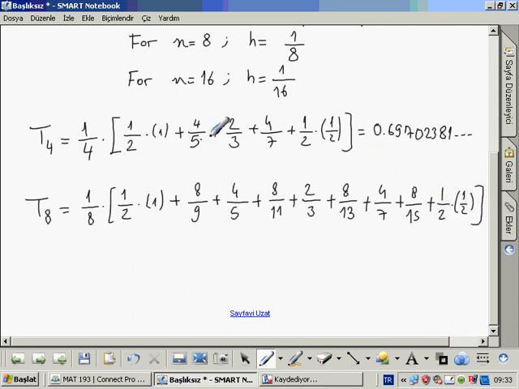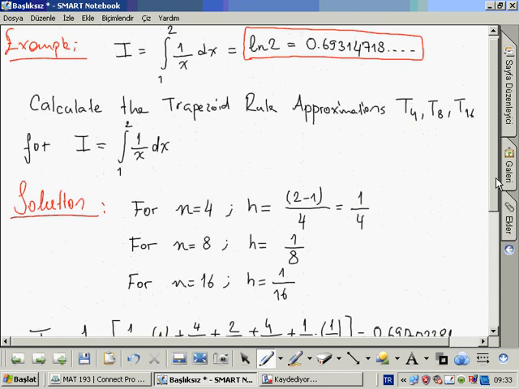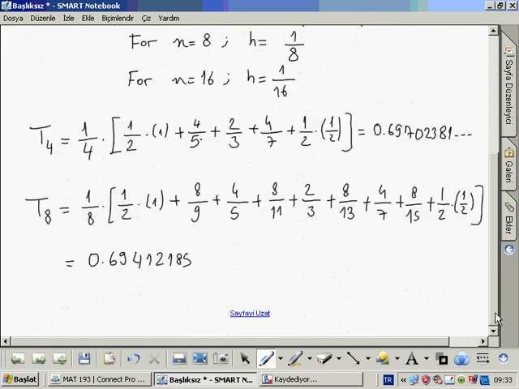As you see, 5 points here, and here will be 9 points, and it equals 0.6941218. This is more similar than T4 when you look at the real value of ln 2.